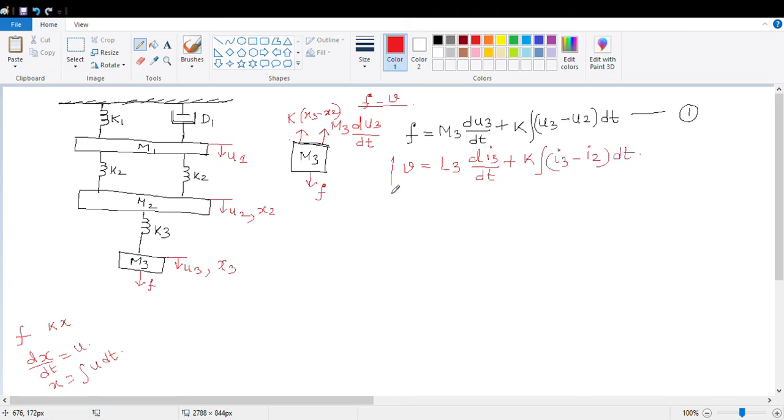So this will be the analogous electrical equation. You just replace the value of the mechanical element with the electrical. Sorry, K is substituted by, I think, 1 by C.